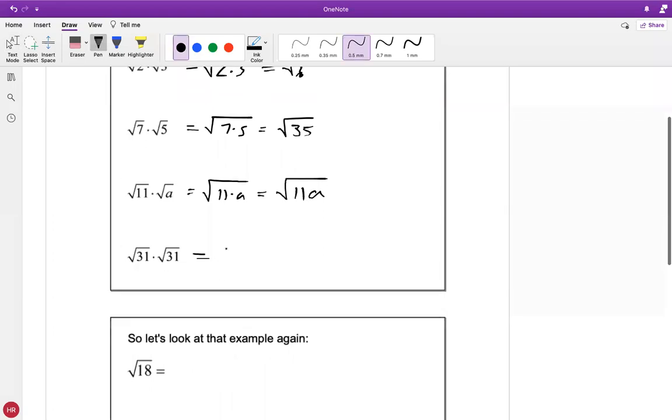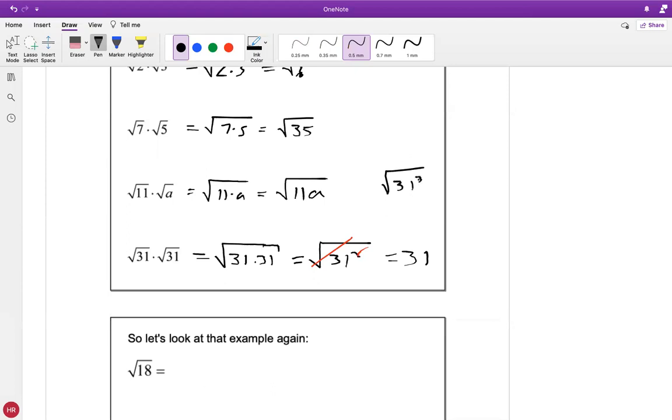If I get the square root of 31 times 31, we actually saw in those first examples, this is 31 squared, which means you can cross off the square root and that second power, and I get 31. Just a quick note about this canceling. If it was the square root of 31 cubed, you can't cross off the exponent.